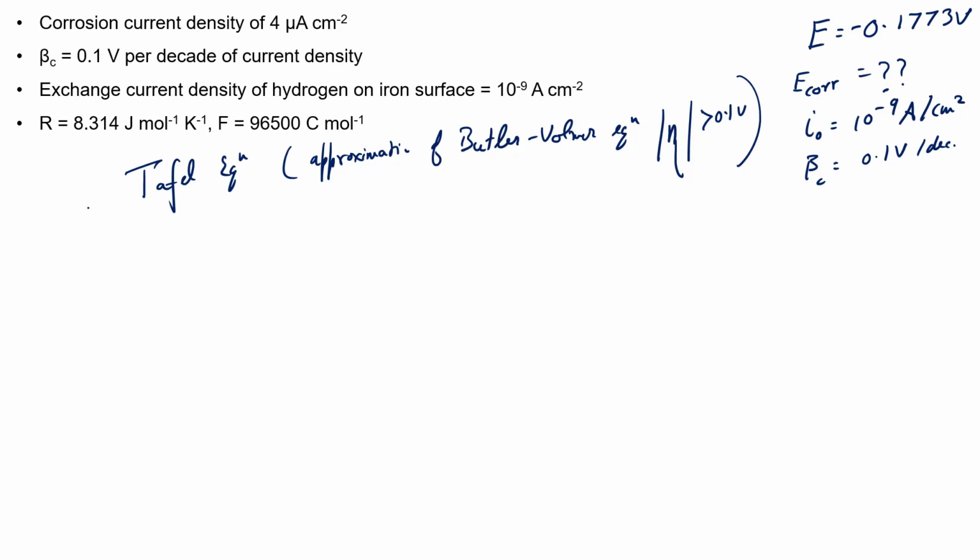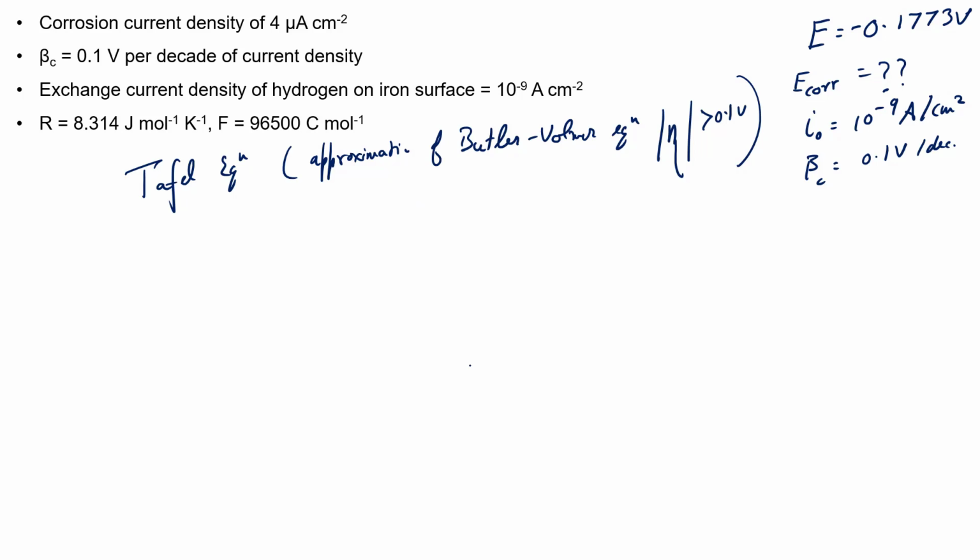There are certain assumptions that we make in this Tafel equation. The main assumption is that the concentration of ions at the electrode is assumed to be equal to the concentration in the bulk electrolyte. So the current can be expressed as a function of potential only, and that potential we call the activation overpotential. Concentration gradient is not taken into consideration in the Tafel equation.